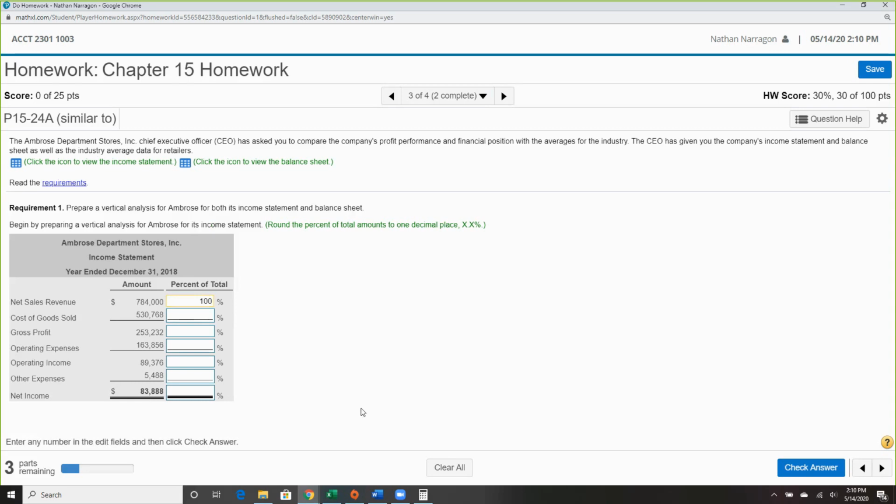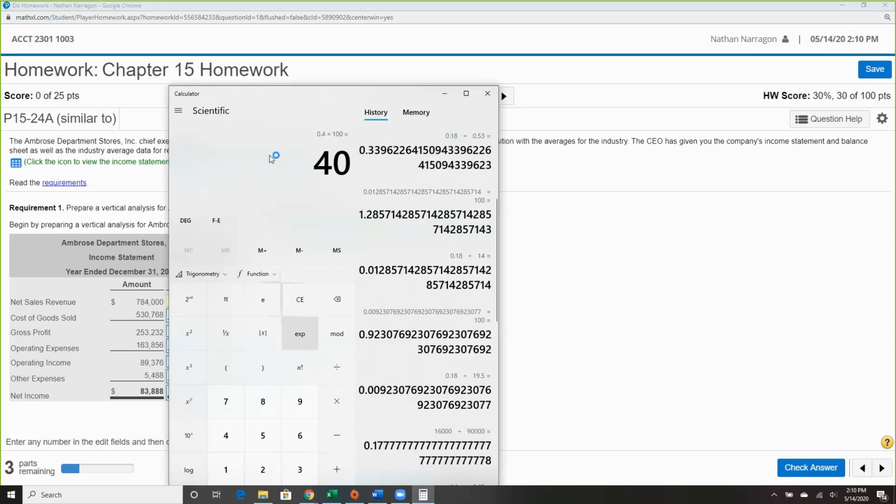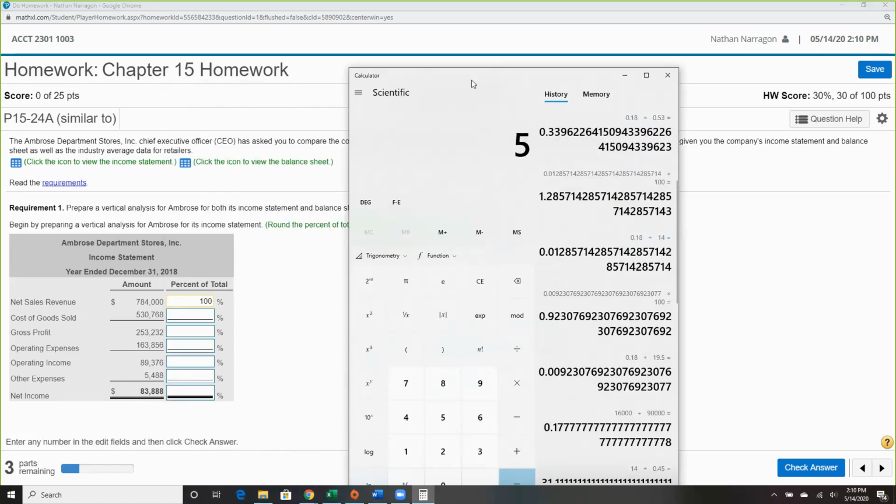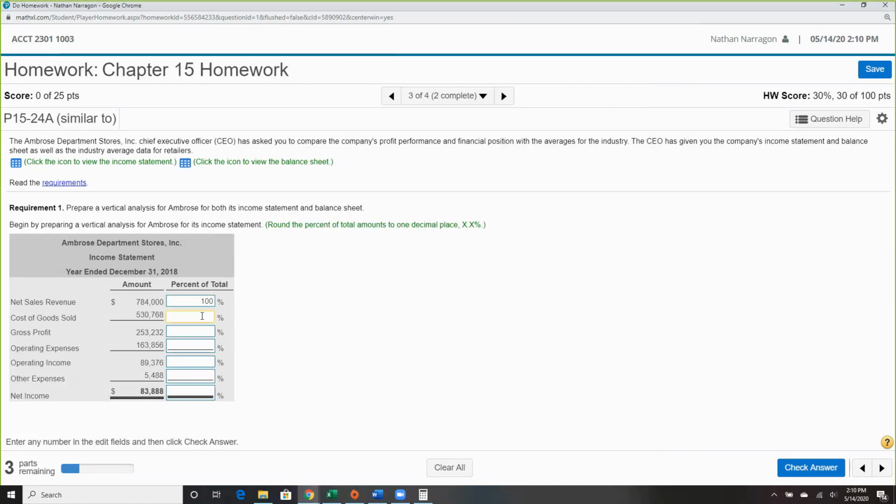And then for vertical, all we do is take each of these numbers and divide by the base. So cost of goods sold divided by 784. Again, times by 100 if you want to do the percentage. I keep doing that pattern so it's easier for y'all. So that's 67.7%.